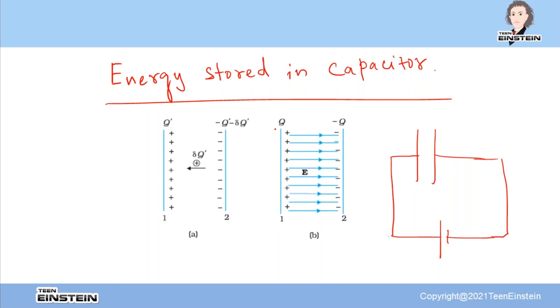One plate will collect the positive charges, and the other plate will collect the negative charges progressively, and it will keep getting charged until the potential across these two plates becomes V, that means the same as the potential of the battery. Until then, this capacitor will be charged.